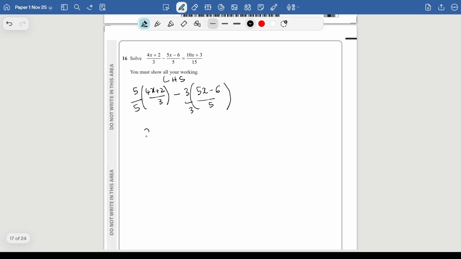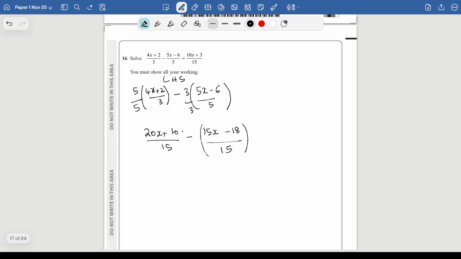So 5 fours is 20x plus 5 twos is 10 over 15, minus 3 fives is 15x, 3 sixes is 18 over 15. This has to be inside the brackets.